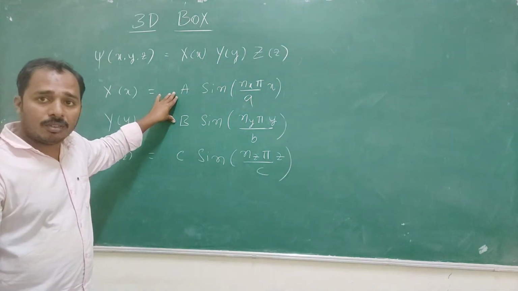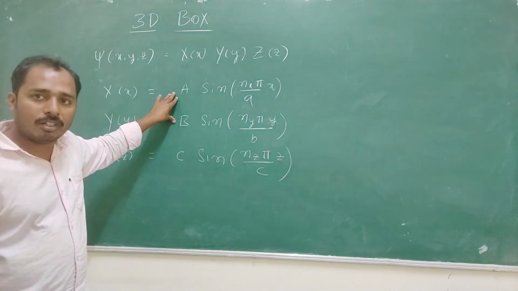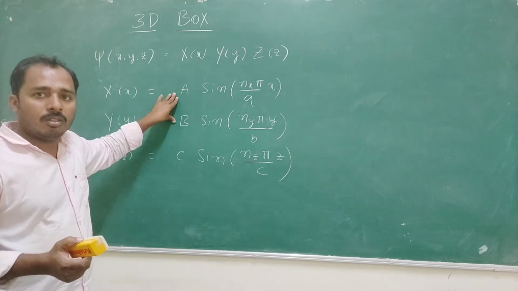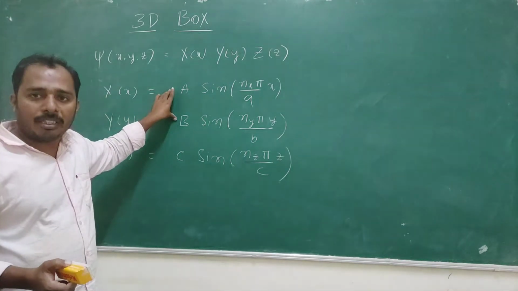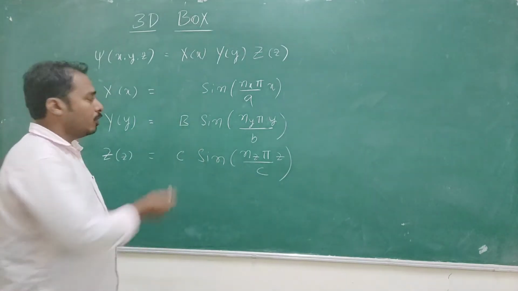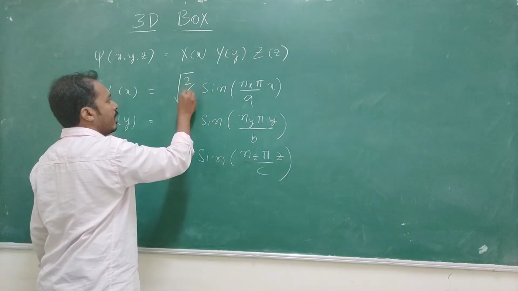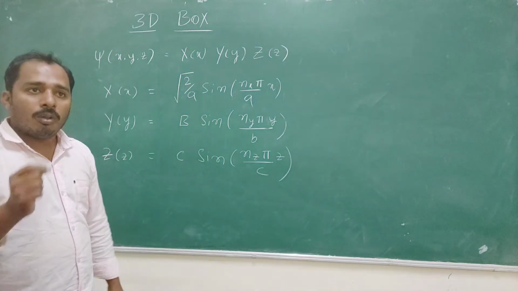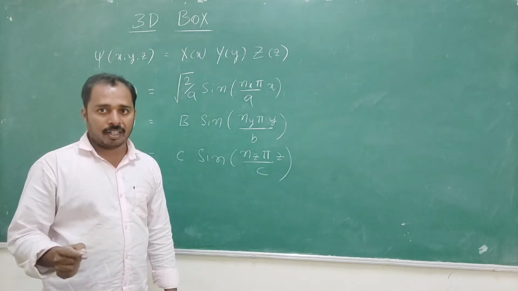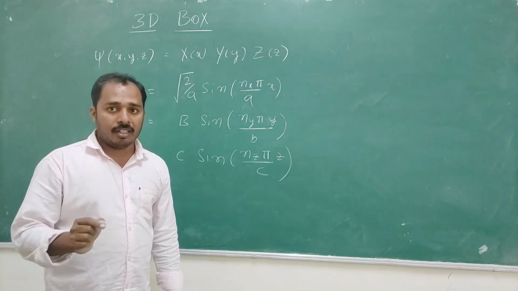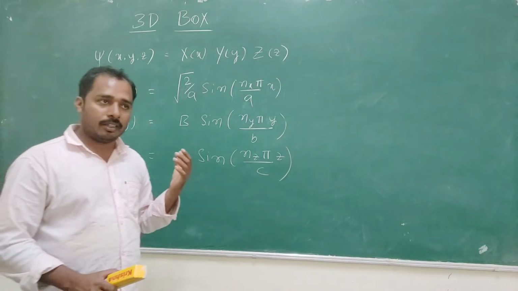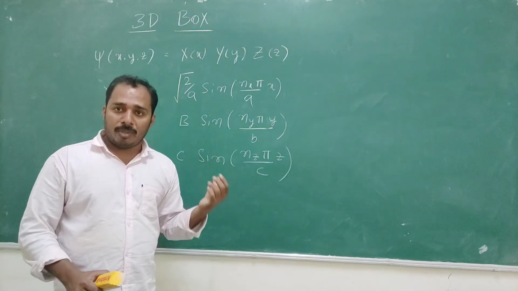You already know how to calculate normalization constants using the normalization condition. You know the normalization constant for the particle inside the infinite square well, which is root 2 by a.